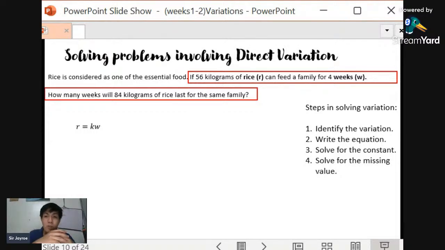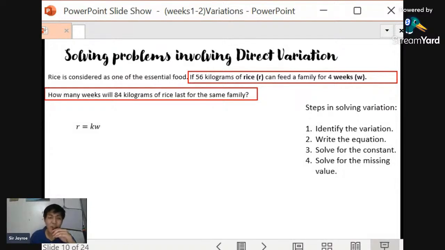Okay. So, in short, what is the behavior of the two variables? They both increase, no? Kapag nag-increase yung kilogram ng rice, magi-increase din yung bilang ng weeks na tatagal dun sa pamilya. Kasi syempre maraming bigas eh. Depende na lang kung mas lumakas sila kumain, pero I think naman hindi.